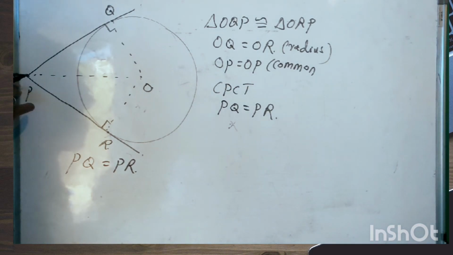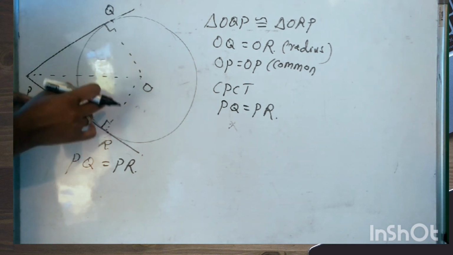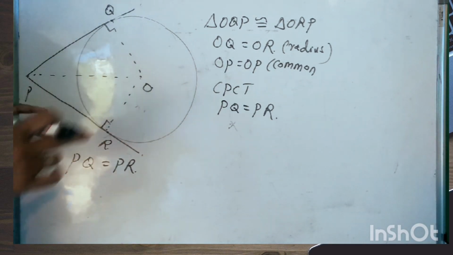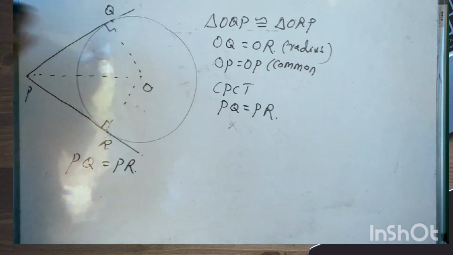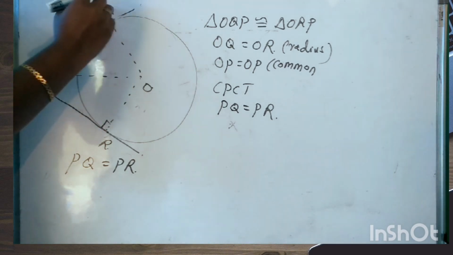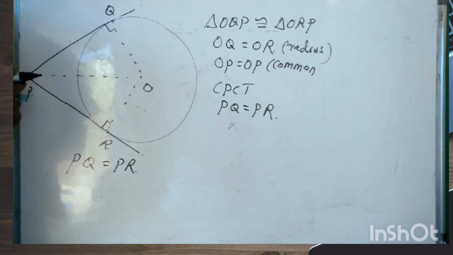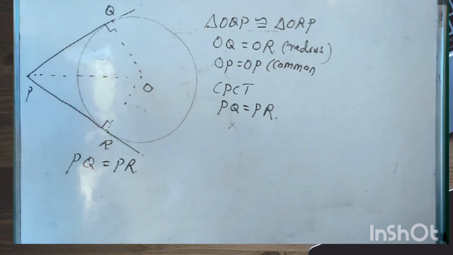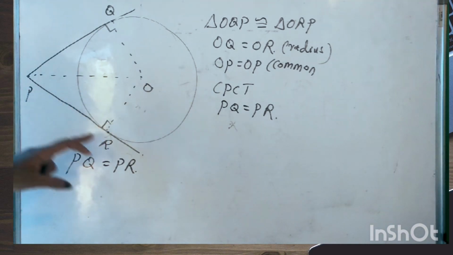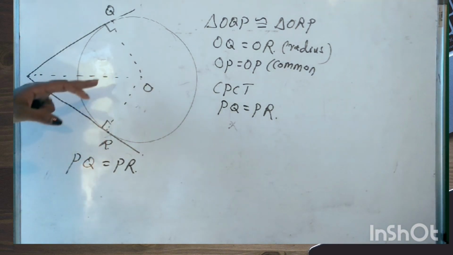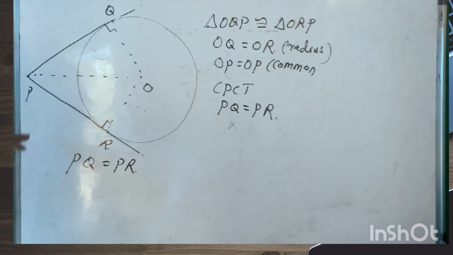This P is our external point and from this P we can draw two tangents to the circle, and we need to prove PQ equal to PR. That means the lengths of the tangents drawn from an external point to a circle are equal. Very important theorem. For that, I just join OQ, OP and OR. OQ is perpendicular to PQ because this OQ is the radius through the point of contact. And OR is also perpendicular to PR because OR is also a radius through the point of contact.